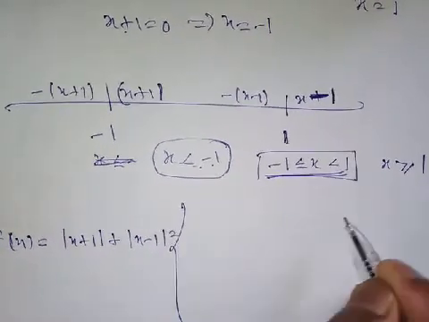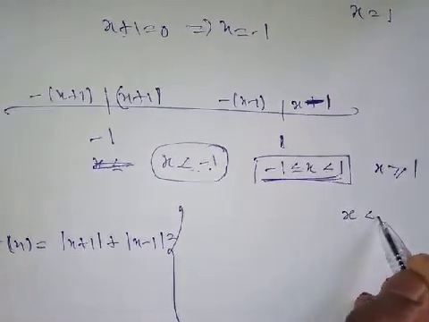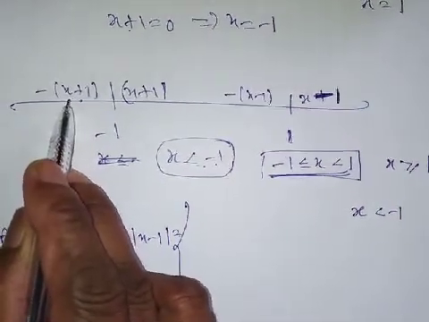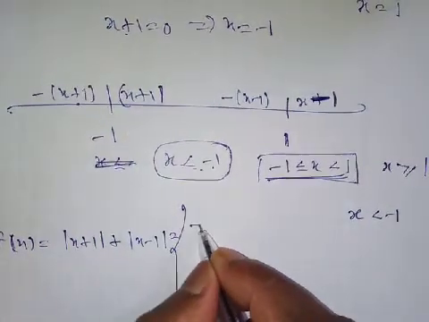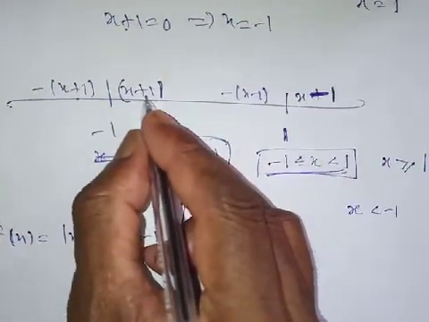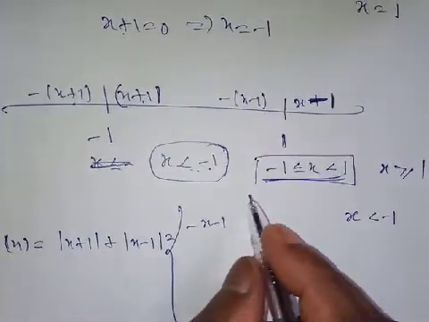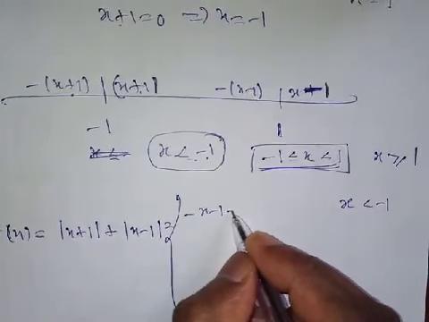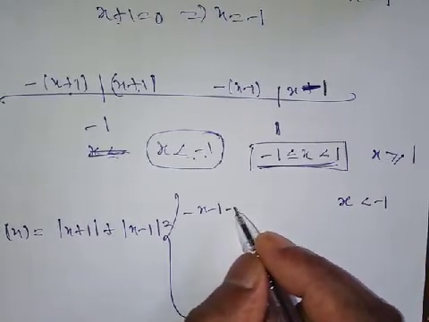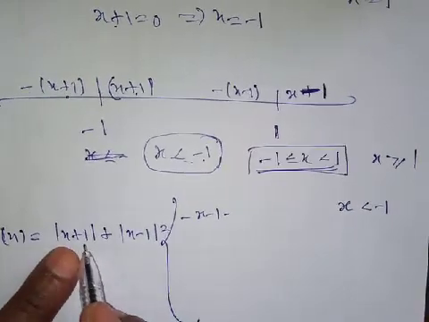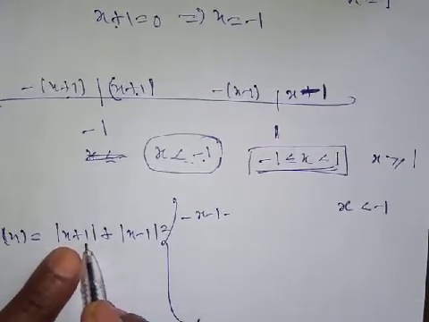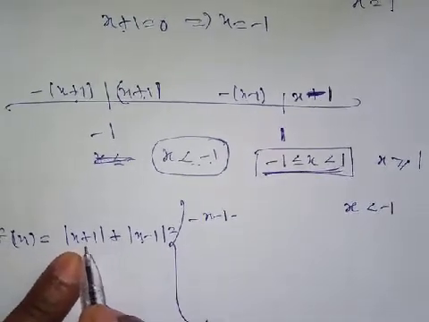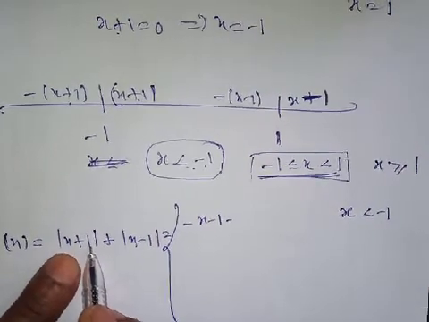So let's check when x is less than minus 1. Less than minus 1 means this one. What will be here? Multiply with the minus sign, so minus x minus 1. Here x plus 1. Is it? We are checking for these two. This will be taken as minus, and here will also be minus. So this will be written as minus x minus 1.